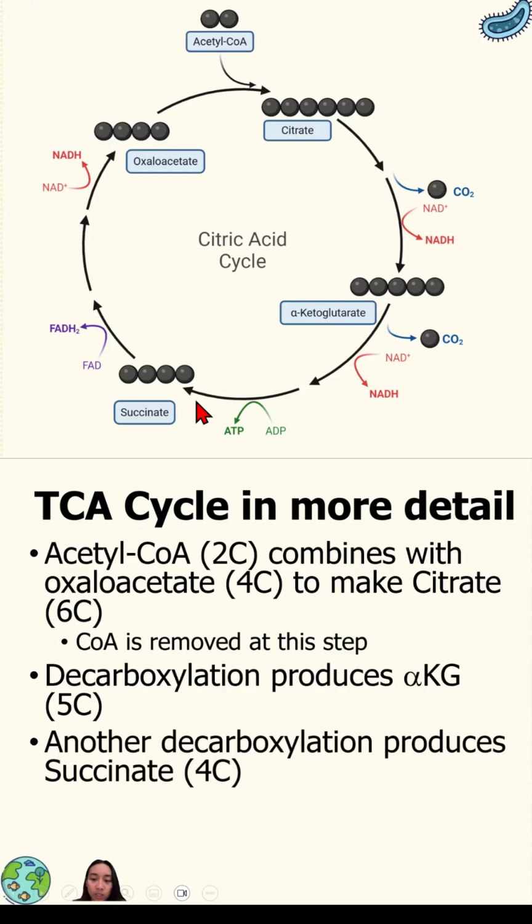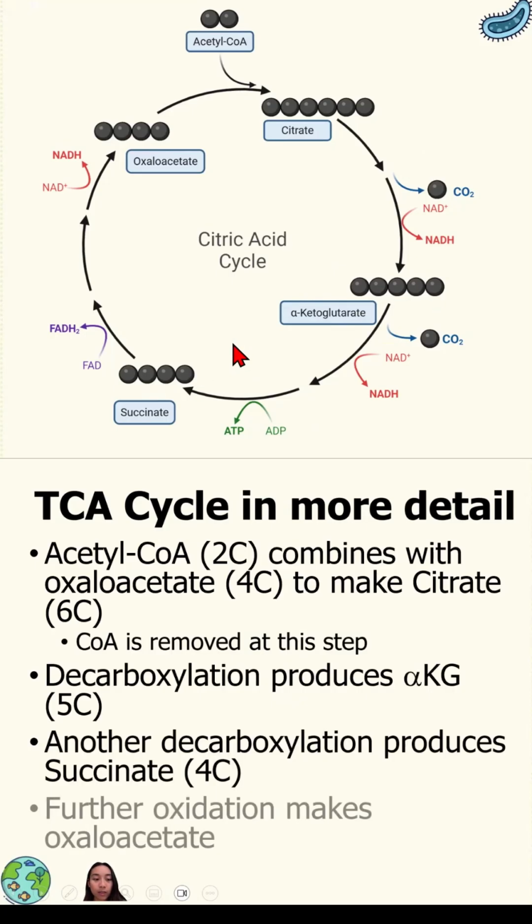I don't want to go into too much detail, but stuff happens, and we lose another carbon. So now we're at succinate, which is, again, we're now down to 4 carbons, right? So we went from 4 plus 2, which is 6, down to 5, down to back to 4, basically. Okay, and then this succinate gets oxidized a bunch more times, and we eventually get back to oxaloacetate.